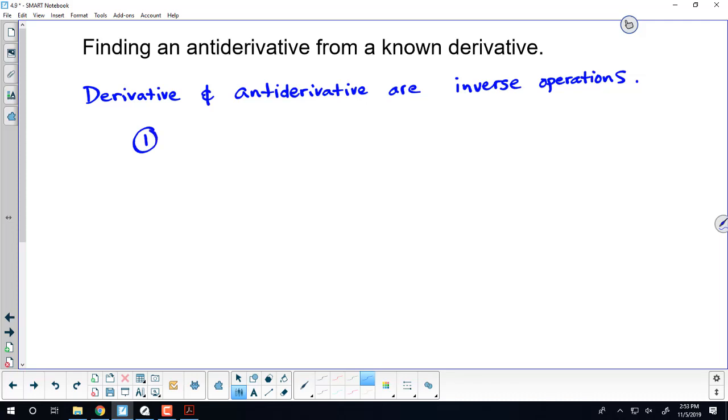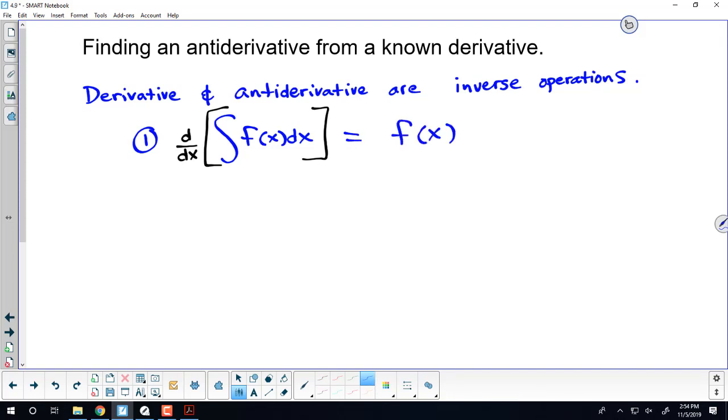Because the square root of x squared is x, but the square of the square root of x is also x. So you always have that two-way representation for inverses. So if I take the antiderivative of this function, but then I take the derivative of this, and maybe we'll refine this later in chapter 5, the derivative of an antiderivative would simply give us the function that we started with here.